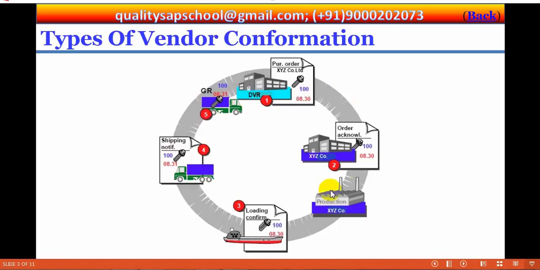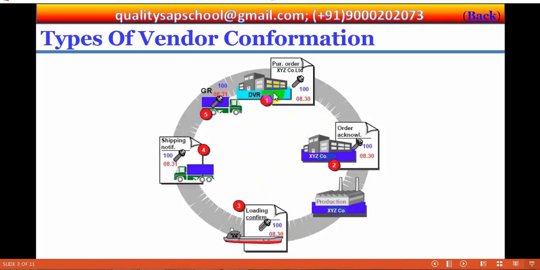So these are all types of confirmations. Information will be provided to his customer. The vendor is going to provide such information about his supply of goods.